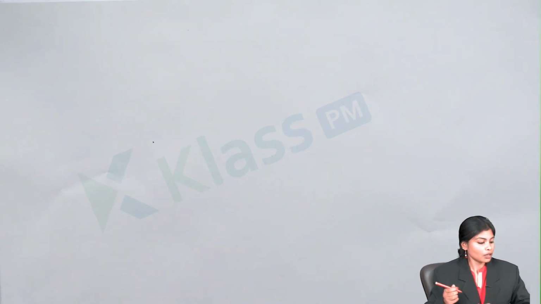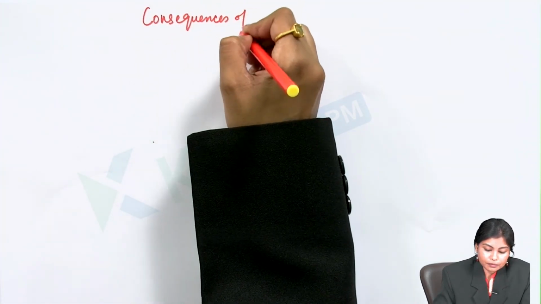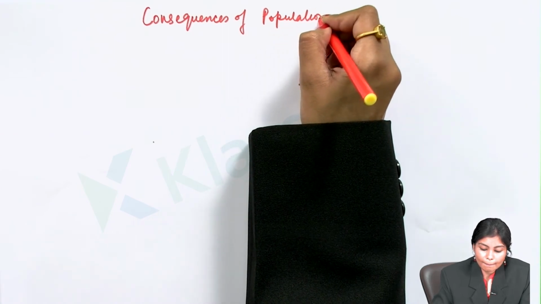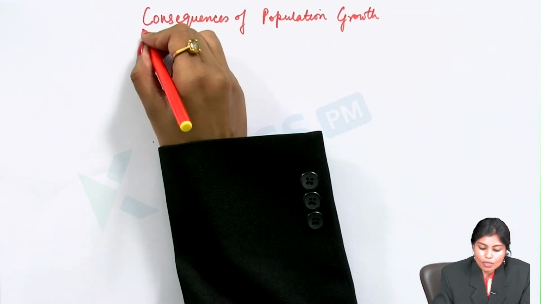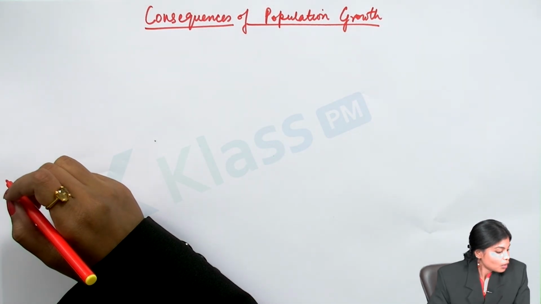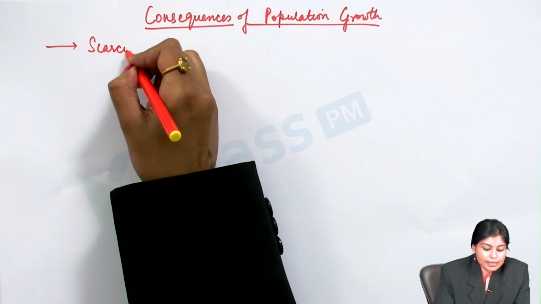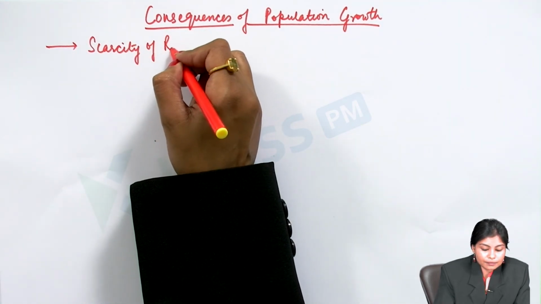Let's talk about the consequences of population growth. Okay, consequences of population growth. Now, what happens is, when you have population growth, you have a scarcity of resources.